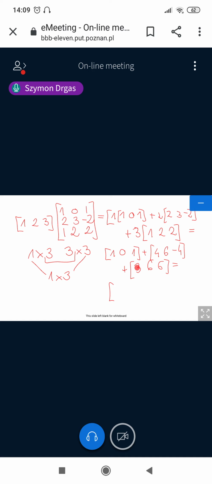So 1 plus 4 is 5 plus 3 is 8. Then we have 0 plus 6 plus 6, which is 12. And 1 minus 4 is -3 plus 6 is 3. So this is how we can find this linear combination during this multiplication.